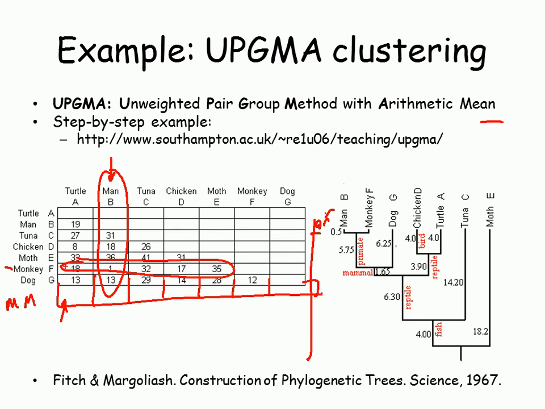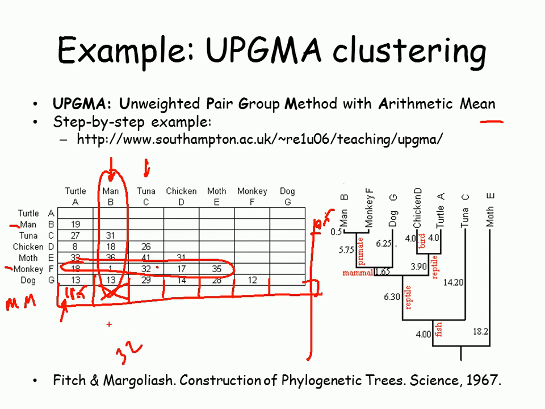Okay, so we're gonna look at our original distances. The distance between man and turtle is 19. The distance between monkey and turtle is 18. So that makes it 18.5. All right. So you just take the average. This row no longer exists. Let's calculate the distance between tuna and man and monkey. The distance between monkey and tuna is 32.